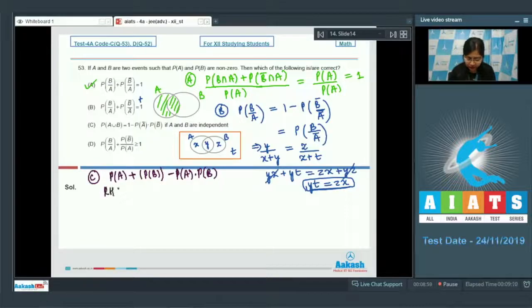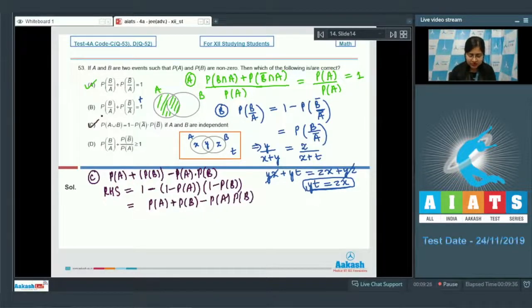Now let's solve the right hand side, that is equal to 1 minus probability of A bar, that is 1 minus PA, into probability of B bar, that is 1 minus PB. So this is equal to PA plus PB minus PA into PB, that is definitely equal to the left hand side. So this option is correct.